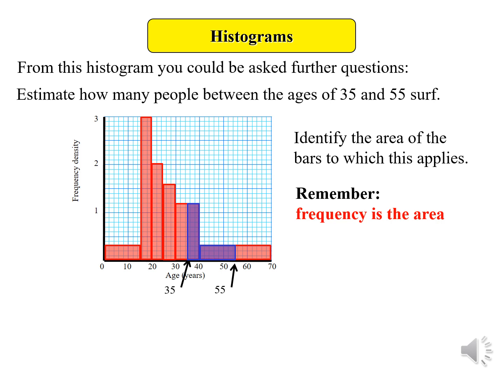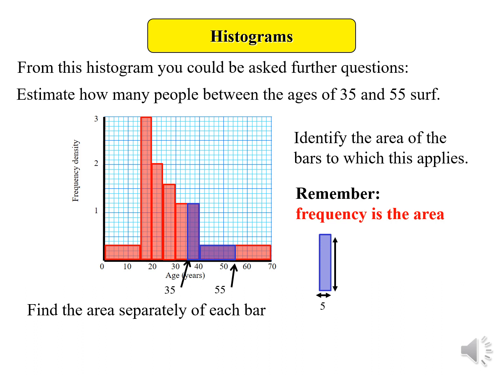Remember the frequency is nothing but the area of that bar, and we have to find the area of separate bars. That means both the bars have certain different areas, so it will be defined as, first, this bar is having length and width such as 5 and 1.2. 1.2 is the height, 5 is the width.